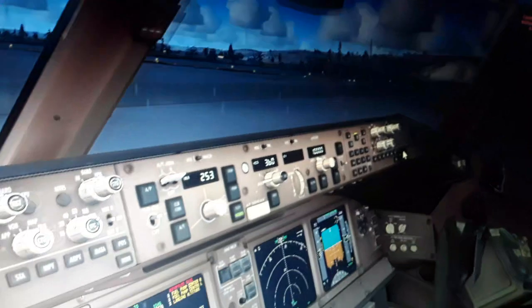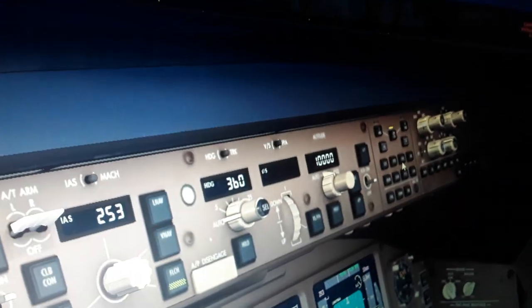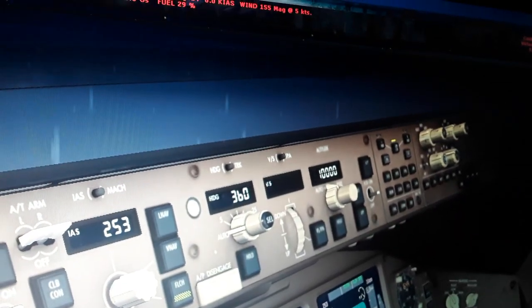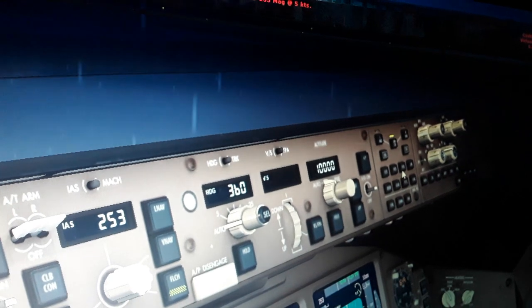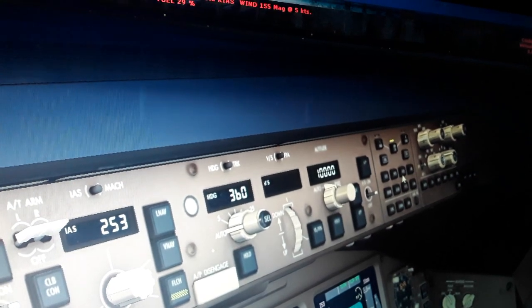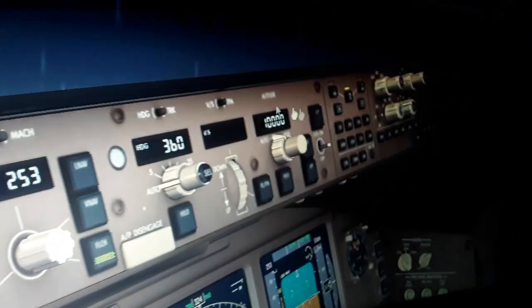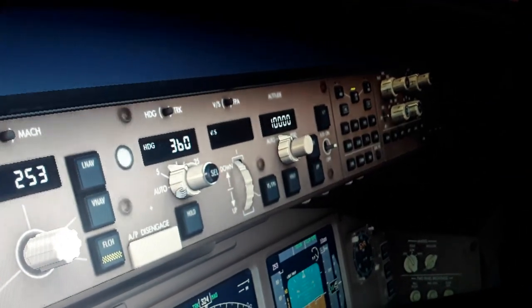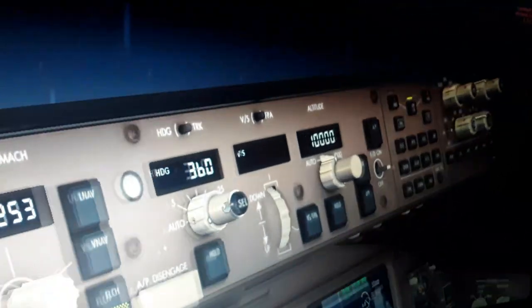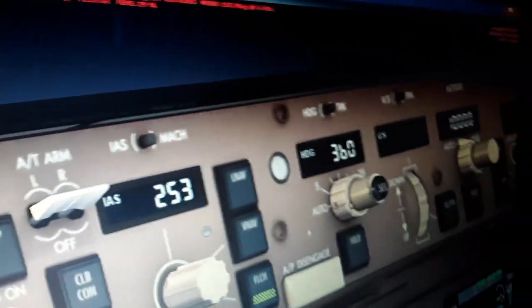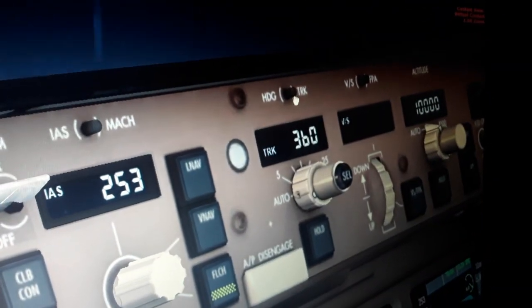We have 35. So we can select the bank angle limit here of the aircraft. We can select heading and track.